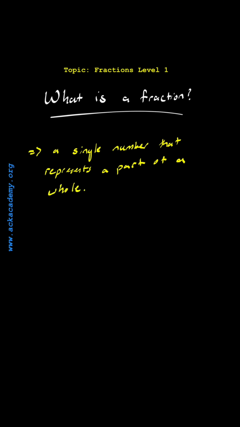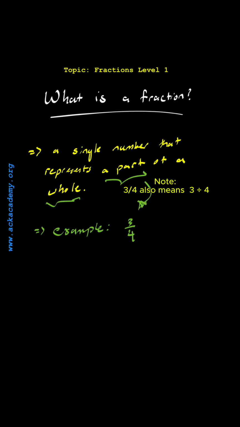A part, so first let's look at what a fraction looks like. Here's an example of a fraction. 3/4. A part would be this 3, and the whole would be this 4. Okay, so that means 3/4.